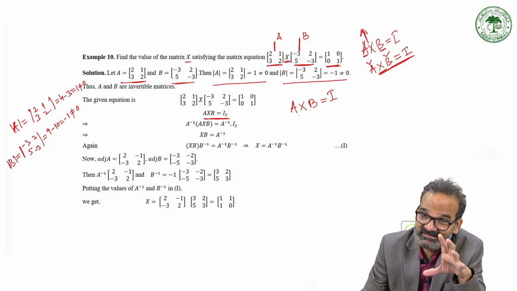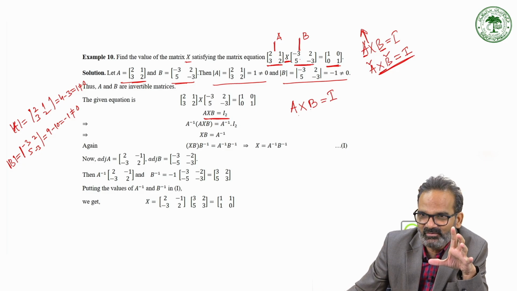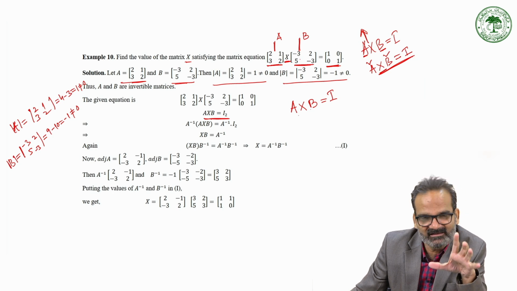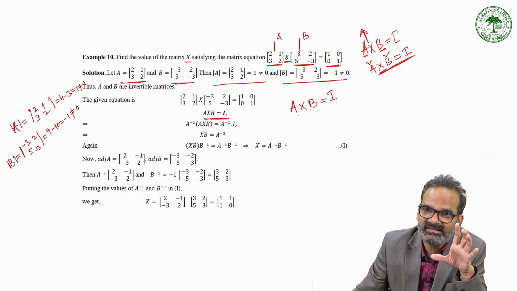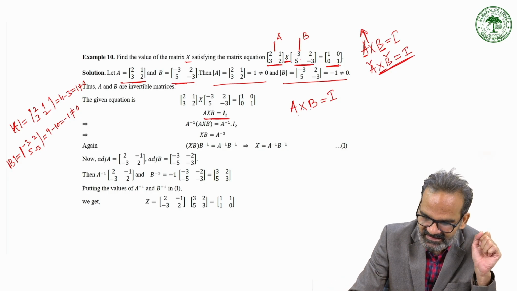And this is the basic idea for introducing the concept of the inverse of a matrix. So how will you do it? I have told you we cannot use division in the case of matrices, because division is not there for matrices. Therefore, we will use the concept of the inverse of a matrix. See, this is our equation.